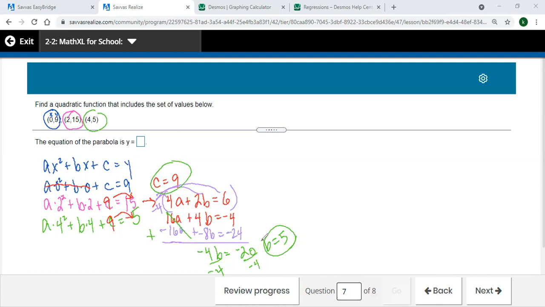I've got to just do one more here, use one of the equations. I'll use this one. So I had 4 times a, I don't know a yet, plus 2 times b, and we just got b of 5. And it equaled 6. So that's 10.